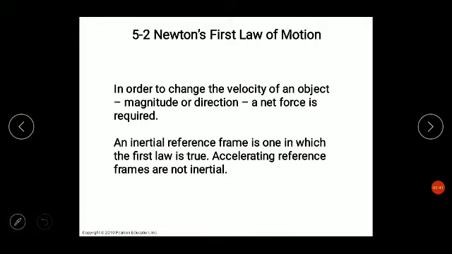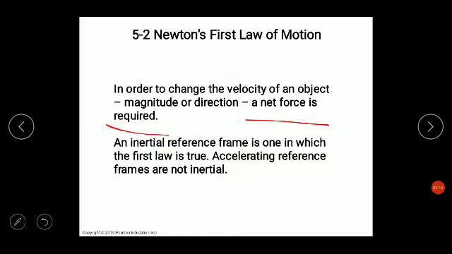Whenever you want to change the velocity of the object, you have to apply what we call a net force. In this case, we may also consider the reference frame, which we call the inertial reference frame.